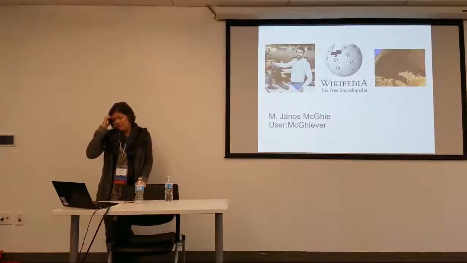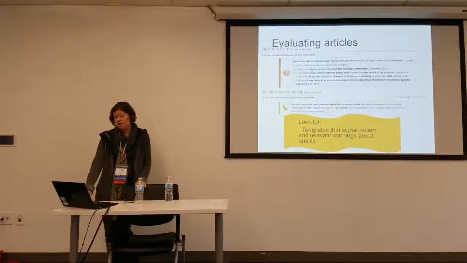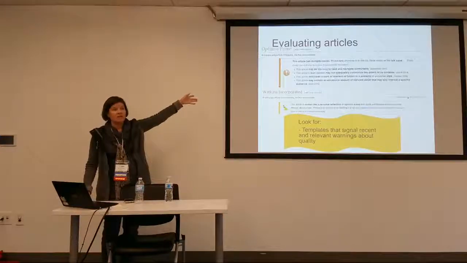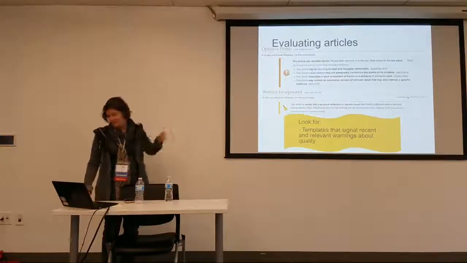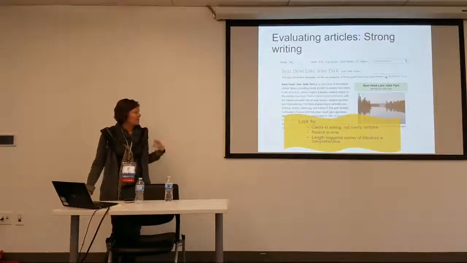So Janos had some tips and tricks for using Wikipedia at the reference desk, which I thought were really helpful. When he's evaluating articles, he looks for the templates that we talked about, the big scary ones, with numerous warnings about things: strong writing or lack of it, clarity, neutrality, length.